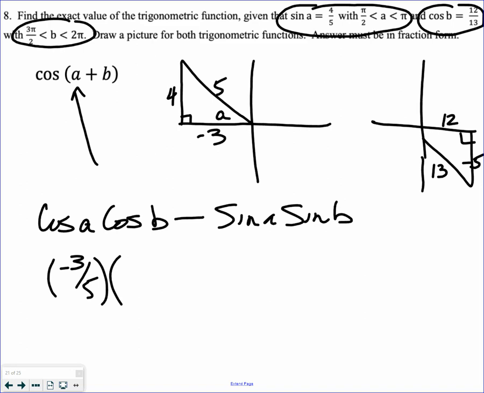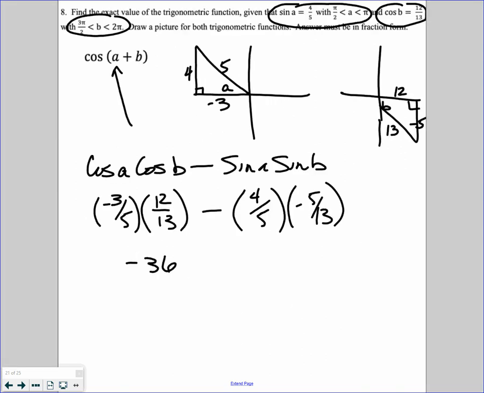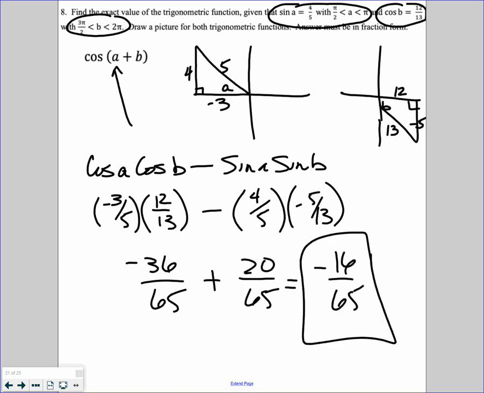Cosine of B would be adjacent over hypotenuse for B. Sine of A would be opposite over hypotenuse, sine of B. So now, negative 36 over 65, positive 20 over 65, because you've got a minus times a negative, which gets you negative 16 over 65.